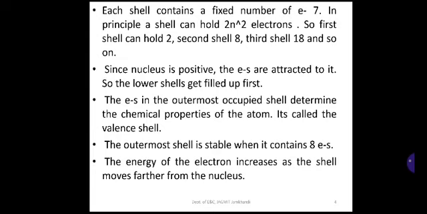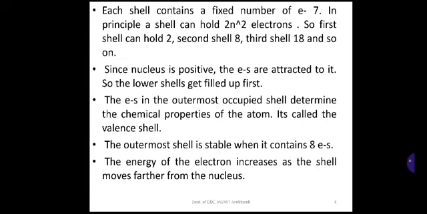The electrons in the outermost occupied shell determine the chemical properties of the atom. It's called the valence shell. So remember, the outermost shell is called the valence shell. The outermost shell is stable whenever it contains 8 electrons.